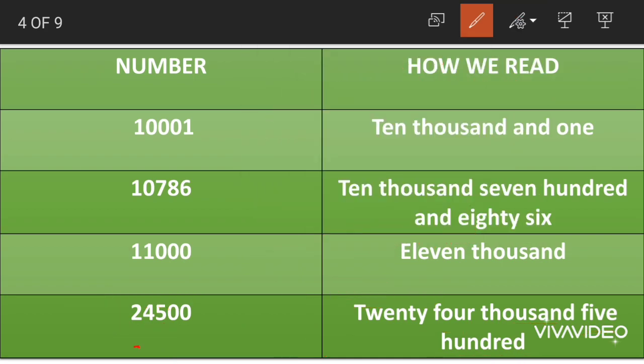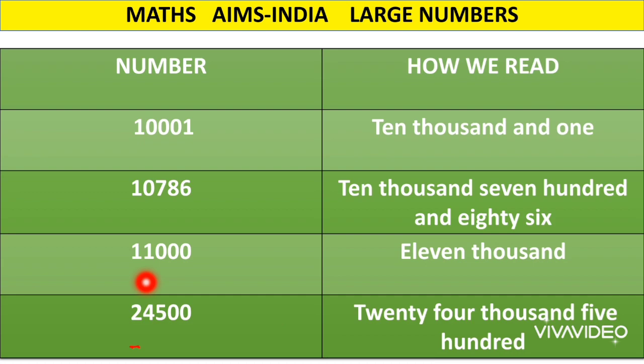Understood, children? We will not say 20,000, 4,500. We combine both the thousands and read it together as 24,000.